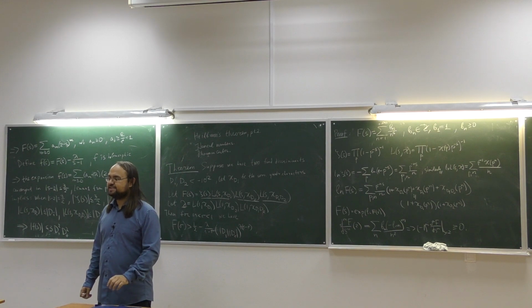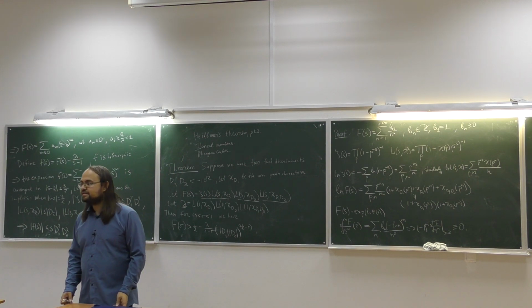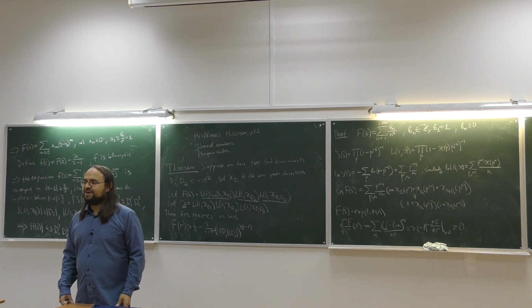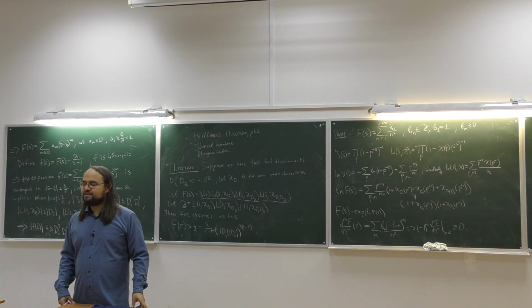Can I ask, how do you know zeta is less than 3/2? Okay, this is an exercise. You can prove this result similarly to the proof of lemma 1 from the previous lecture.